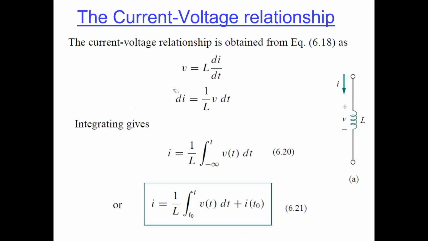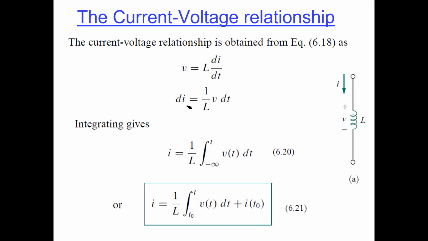Now we have to see what the current and voltage relationship is. As I already mentioned, the voltage across the inductor is L di/dt. From this formula, we can find the formula of the current through the inductor just by rearranging this voltage equation. So separating the differentials by the famous technique, we can get this form, and integrating both sides, we can find the current through the inductor.